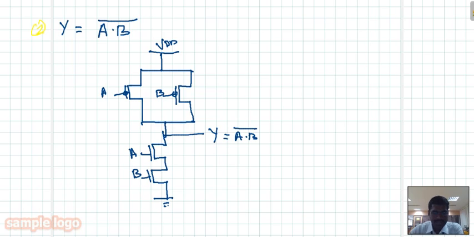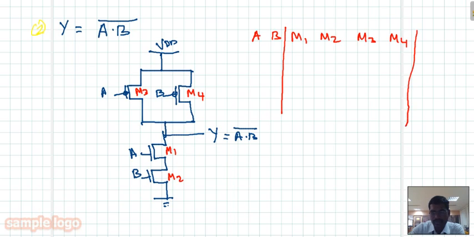Now to analyze this, we will name the transistors M1, M2, M3, M4. We put A, B, then M1, M2, M3, M4, then Y. Since you have two inputs, there are four possible combinations: 0 0, 0 1, 1 0, and 1 1.